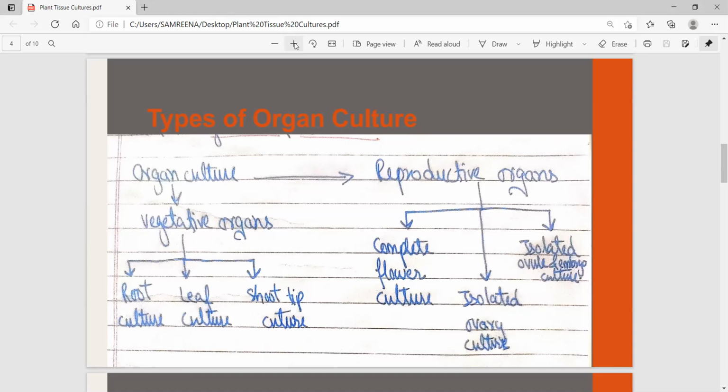If we talk about the organ, this organ culture provides us an important experimental system where we are able to study how the biosynthesis of some metabolites takes place in this organ, and what are the important external parameters or external factors which are affecting our organ, how these organs are interdependent with each other.